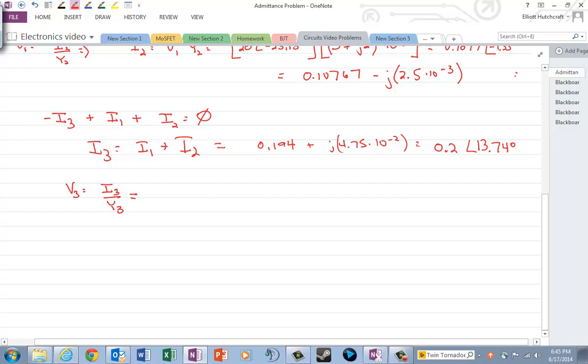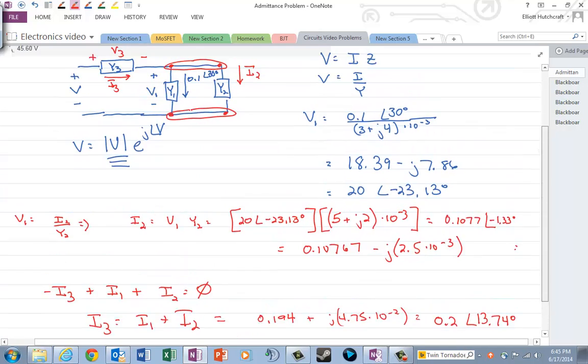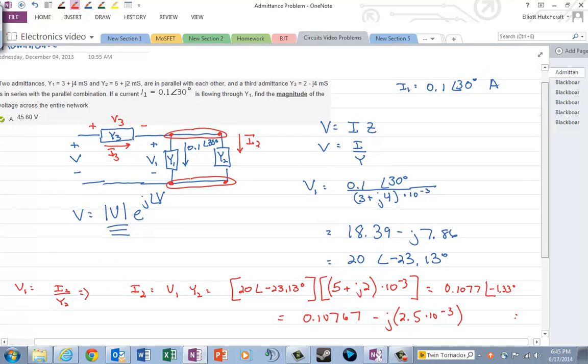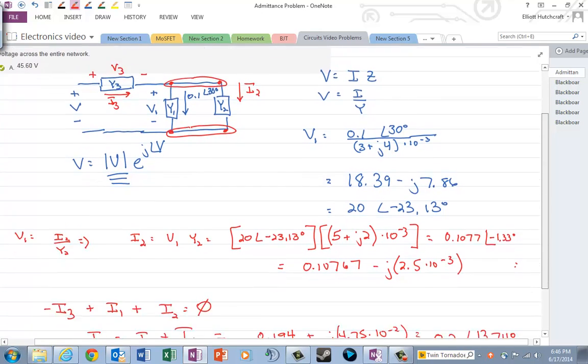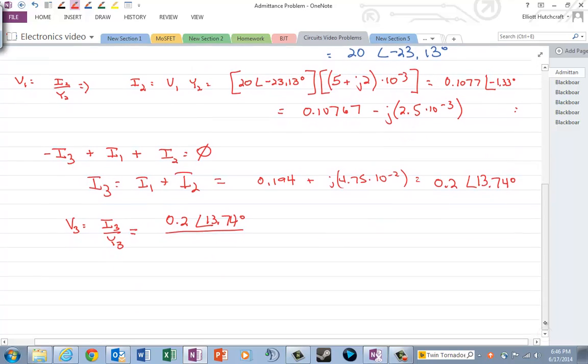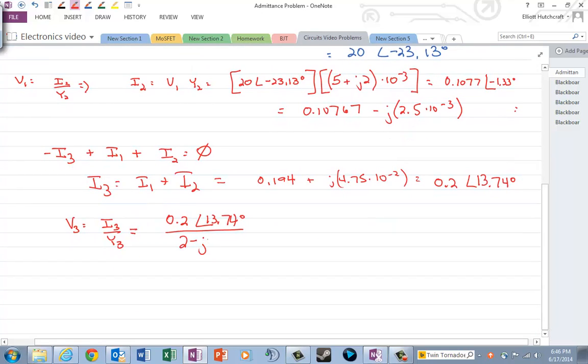I've got I3, that's the 0.2 angle 13.74 degrees, and Y3 they give me up here at the top is 2 minus j4 millisiemens, so times 10 to the minus 3.